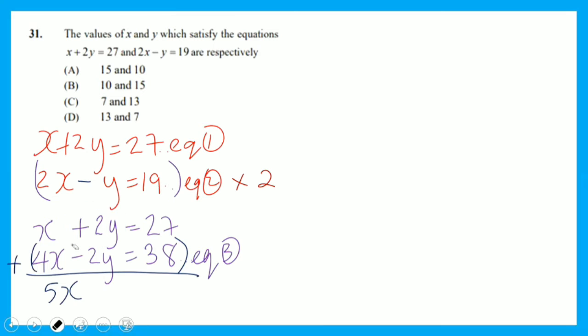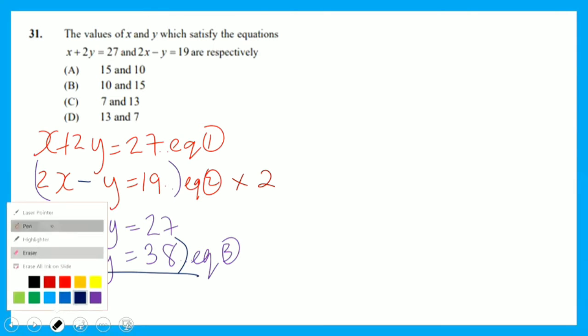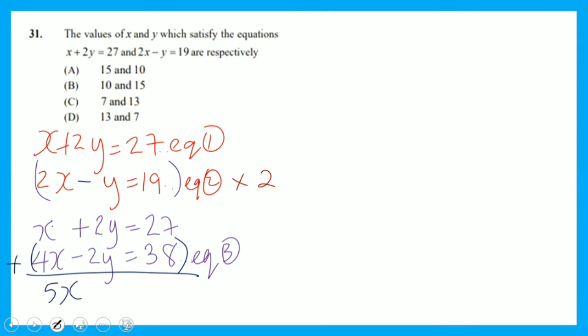In other words, the y has been eliminated. We move on to the numbers. 27 plus 38, and then of course we know that this will give us 65. Clearly we're going to continue until we have solved for x. So it's going to be dividing by 5, dividing by 5. x clearly is going to be 13.